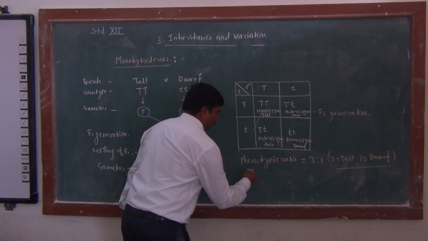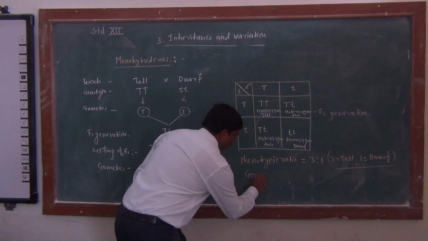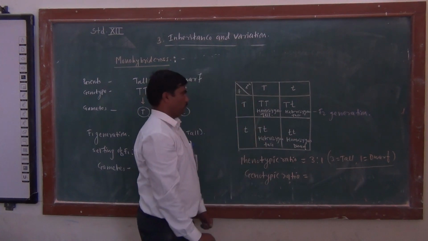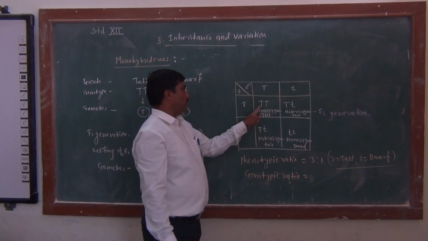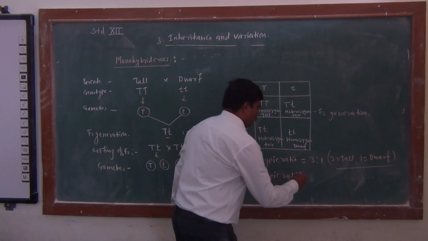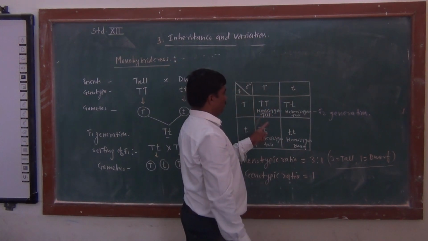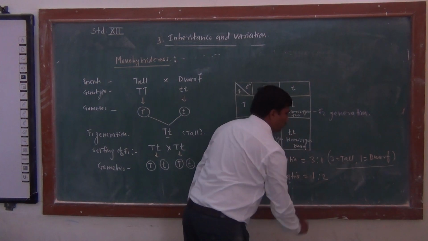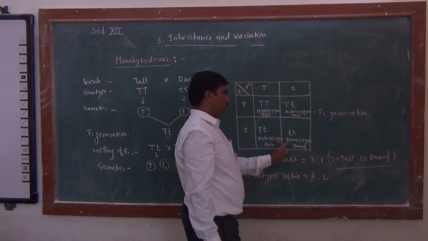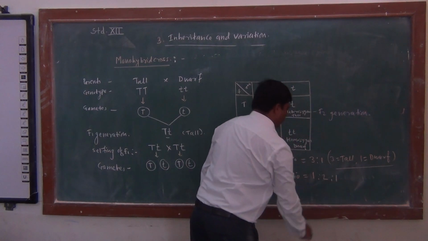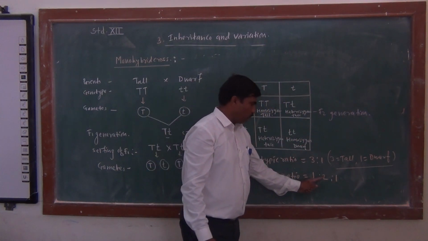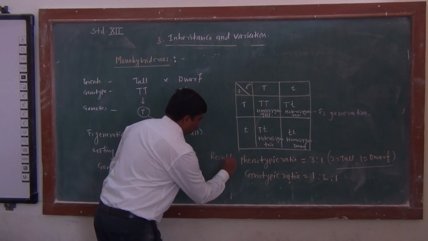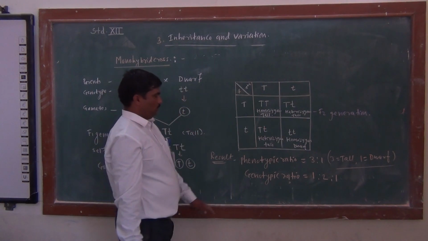And now the genotypic ratio. See the genotype: capital T, capital T is homozygous tall, so this is only one individual. Then capital T, small t, these two are heterozygous tall, and small t, small t is homozygous dwarf. So the genotypic ratio is 1:2:1. This is the result of the monohybrid cross.